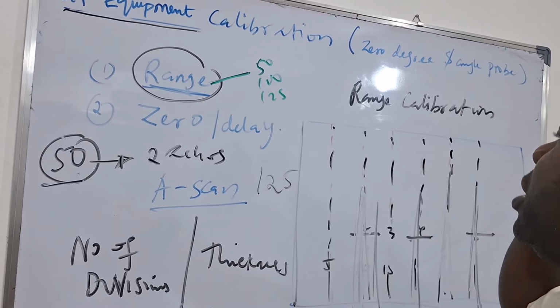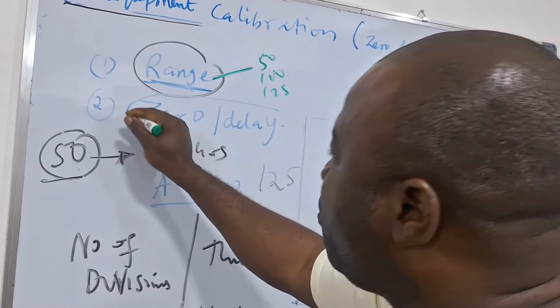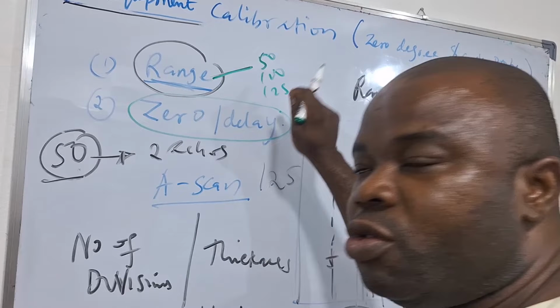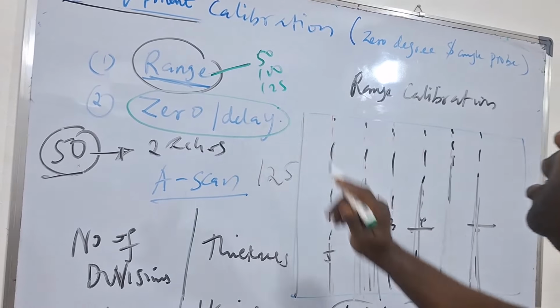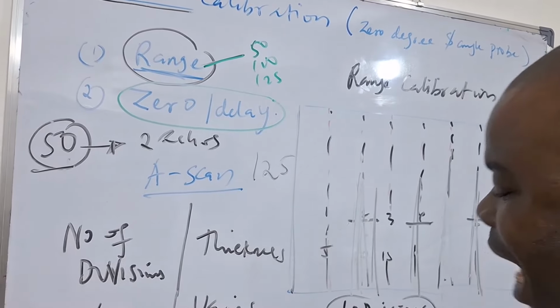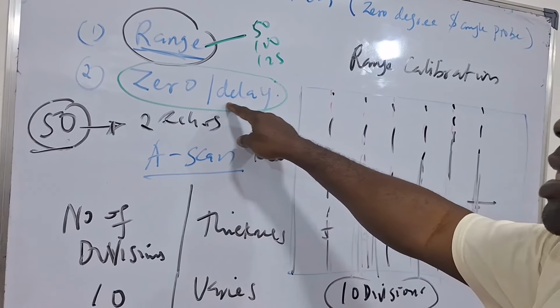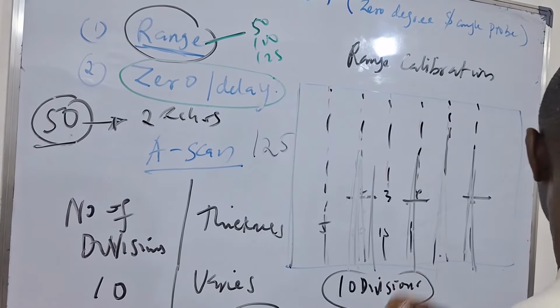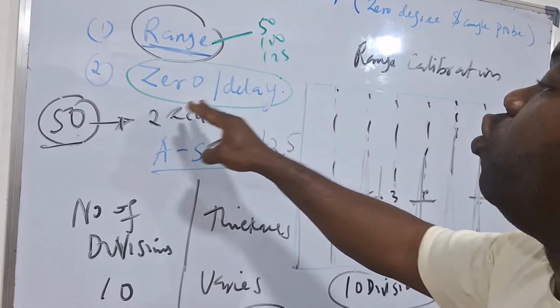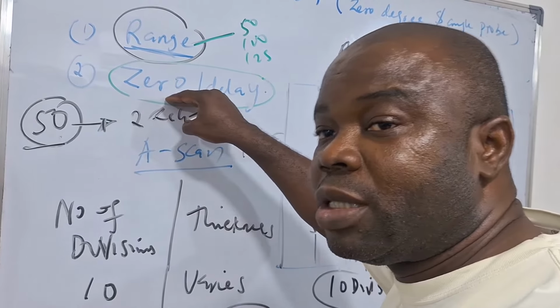What you cannot determine is the second factor, which is your zero or your delay. If your probe has a wedge, it means you are going to adjust delay. If your probe does not have a wedge, you're only going to adjust 0.